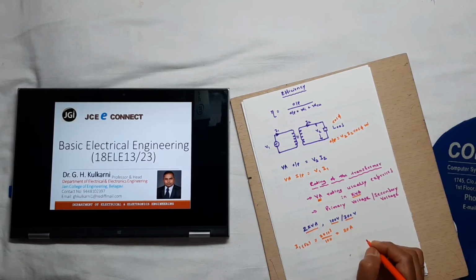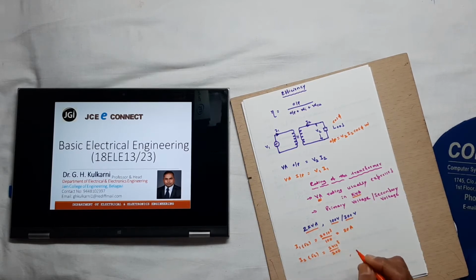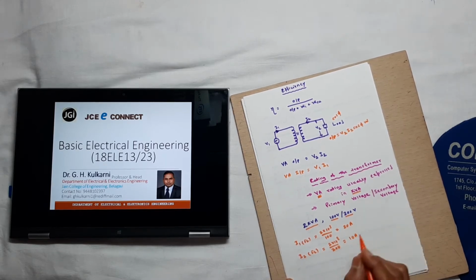Similarly, for the full load current of the secondary, I2 full load, it is 2 into 10 raised to 3 divided by 200, which is 10 amperes.